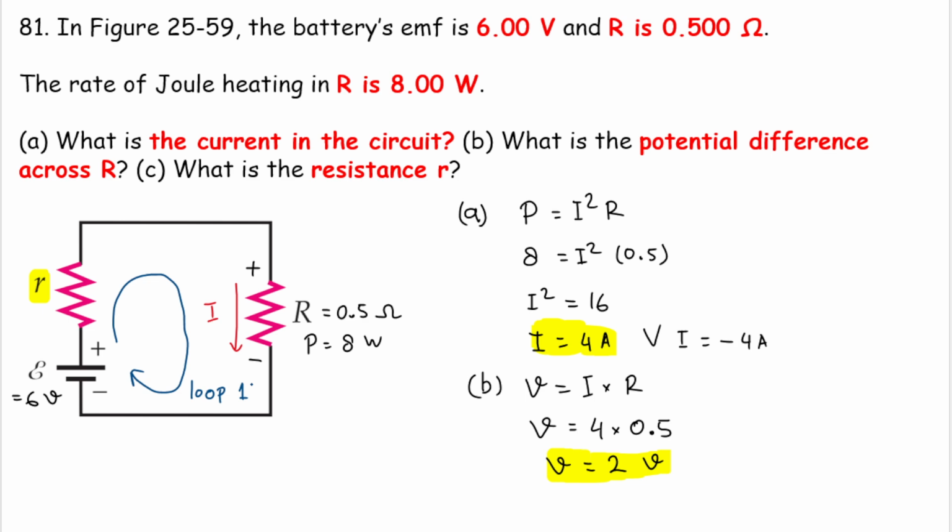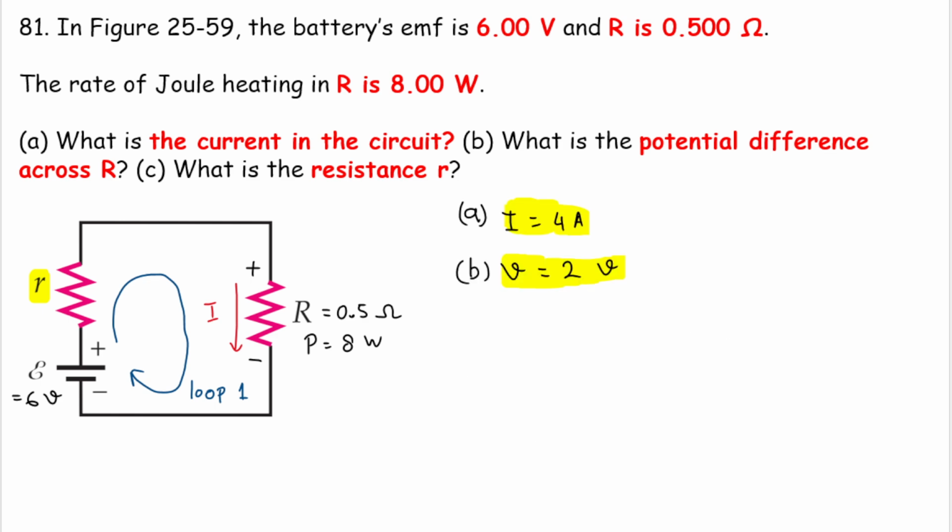But before we do the loop rule, we know that this current here is in series, so this one going up like that is also I. Then we can label this resistor here. This one will be the positive side where the current comes from, and where the current goes to is the negative sign.